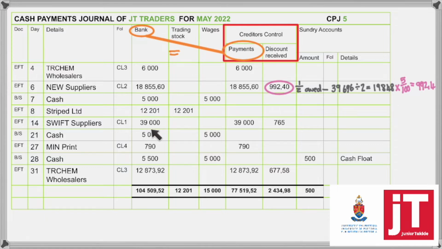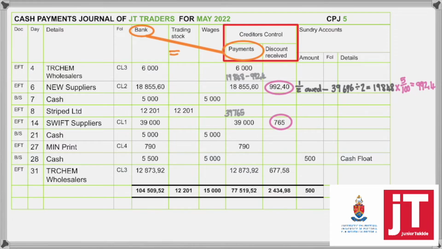Day 14, they say we paid the amount owed at the beginning of the month and we get 765 Rand discount. So if we have the 765 discount, it means that in the beginning of the month, we owed 39,675 Rand. 765 Rand was discount.